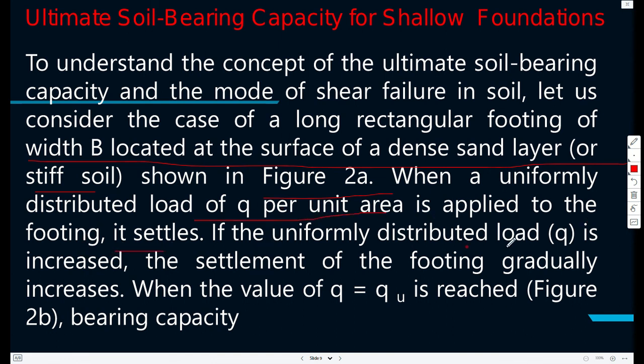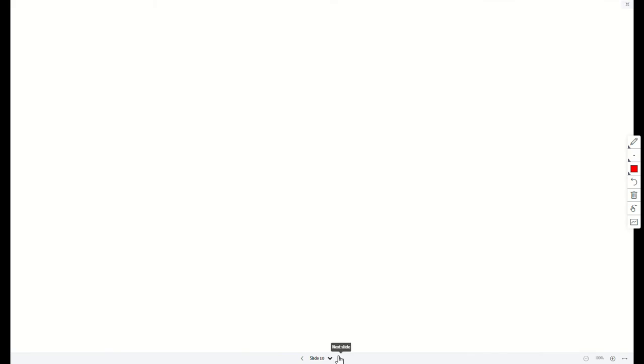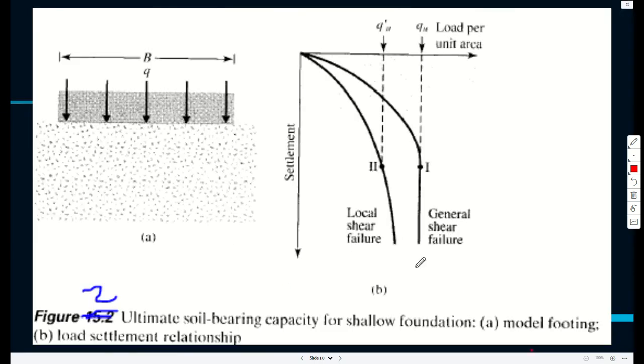If the uniformly distributed load Q is increased, the settlement of the footing gradually increases. When the value Q equals QU is reached, that's what we call the bearing capacity of the soil. It's going to become clearer when we look at the photo.